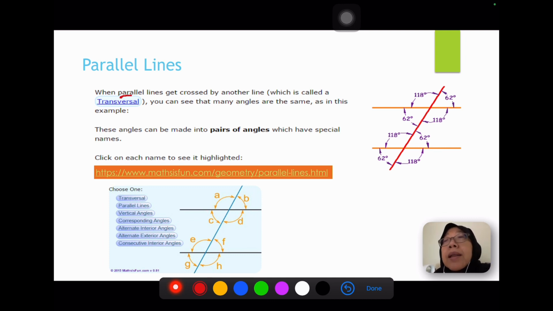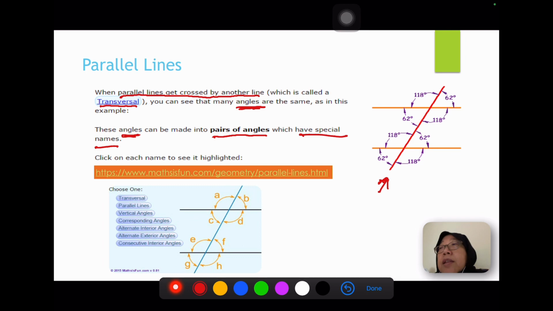When parallel lines get crossed by another line, this line is called a transversal line. You can see that many angles are the same, as in this example. These angles can be made into pairs of angles which have special names.